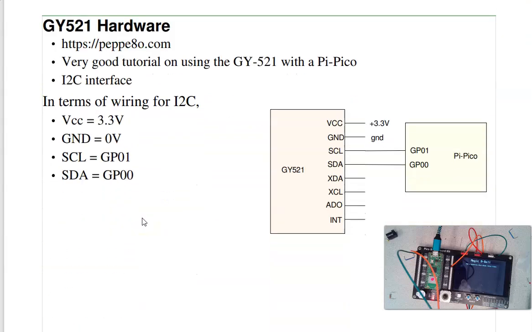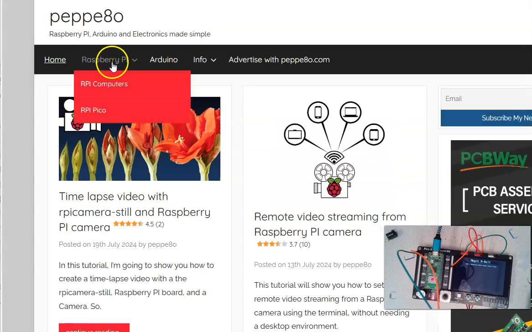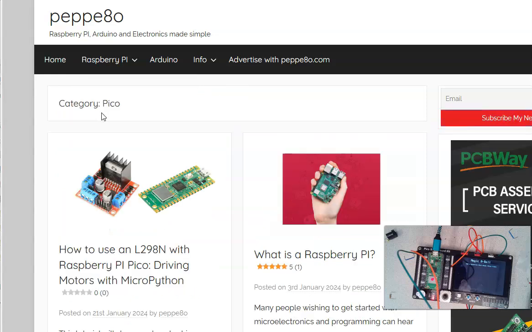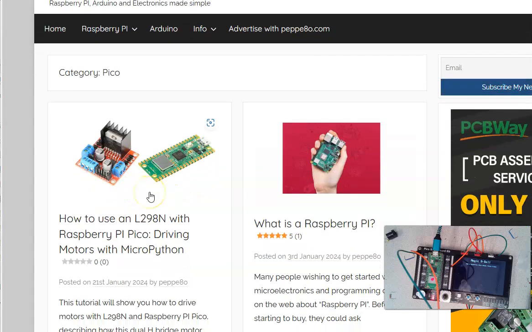Now, to drive this sensor, you need to come up with the driver circuits. If you go to Pepi 80, this is actually a really nice website where whoever the author is has come up with tons of different articles for using the Raspberry Pi Picos.